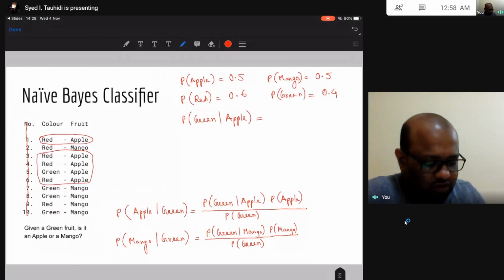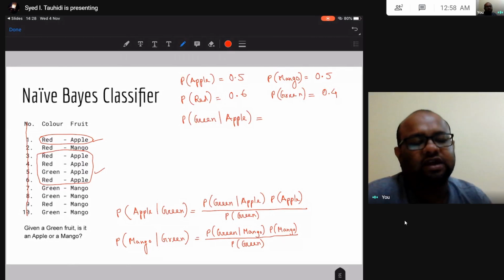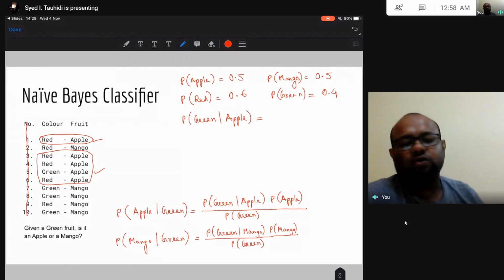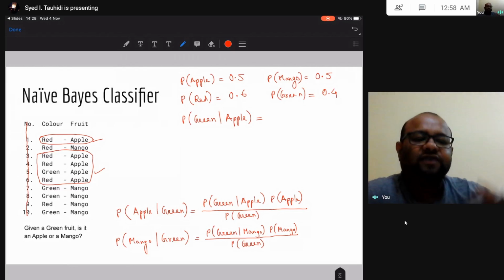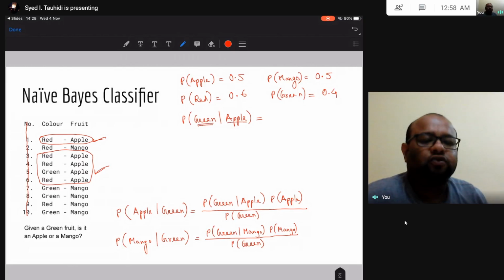I am going to consider the data points where apple is given, because I am trying to find the probability of green given that the fruit is an apple.